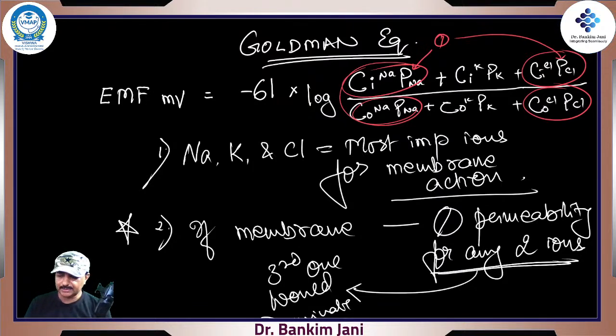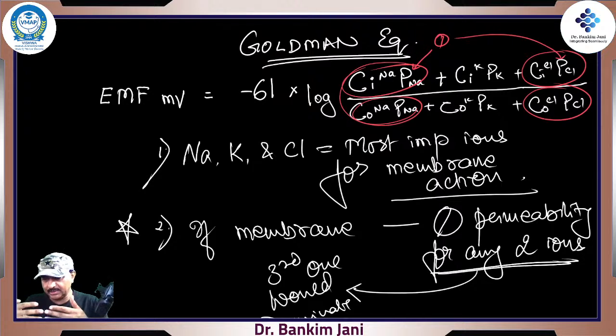Correct? That's how it goes. If the permeability of any ion is zero, done. Permeability zero means it won't allow that ion to pass through the cell membrane at that point of time. Later on, whatever is happening, but at that point, it is not allowing.